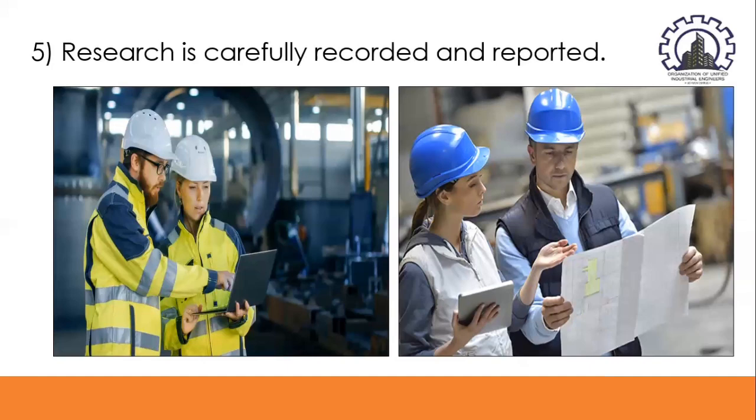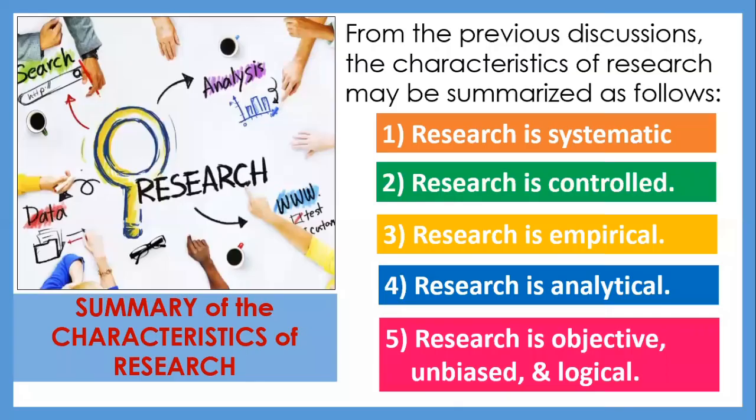Now, from these discussions, the characteristics of research may be summarized as follows. First, we can tell that research is systematic. Why systematic? Because, like I said earlier, it follows an orderly and sequential procedure that leads to the discovery of truth, solution of a problem, or whatever is aimed to be discovered.